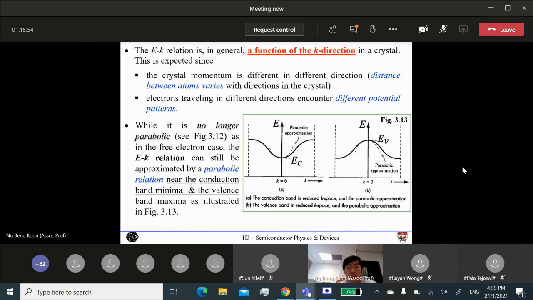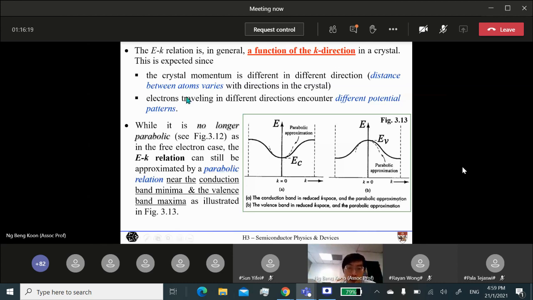It's direction dependent because the solution that we get comes from putting in the potential energy, which depends on the spacing between the atoms, the nuclei of the atoms. If you go in a different direction in a crystal, the spacing will change, and you expect the E-k solution to also change. In other words, it's a function of direction in a crystal as well.